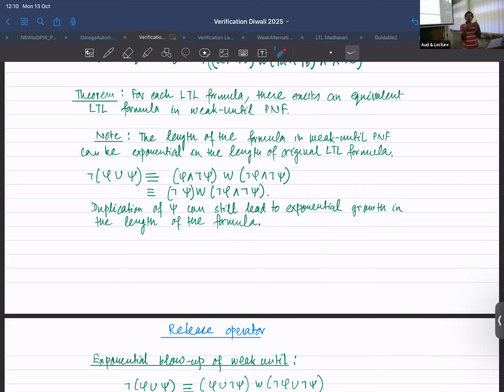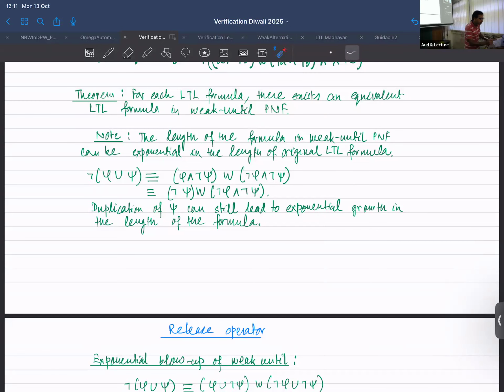And at some point of time, phi can cease to hold. At this part, it doesn't really matter whether phi is holding true or not. All we are saying is that psi is not holding true, and then phi may or may not be there.